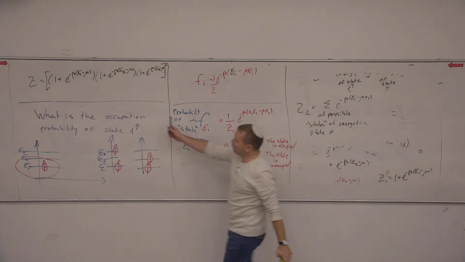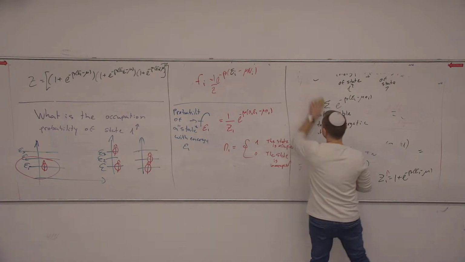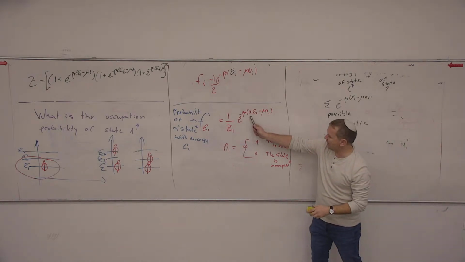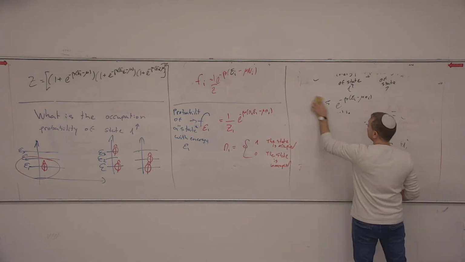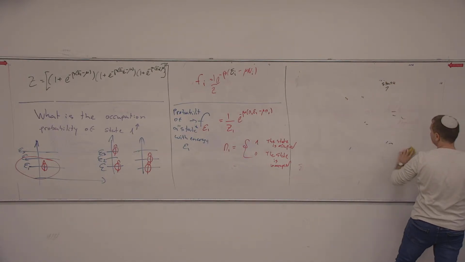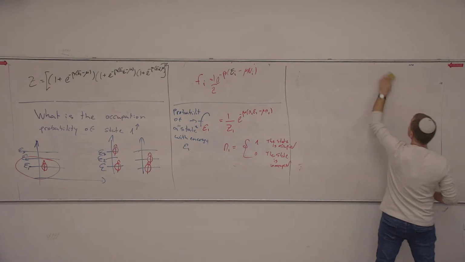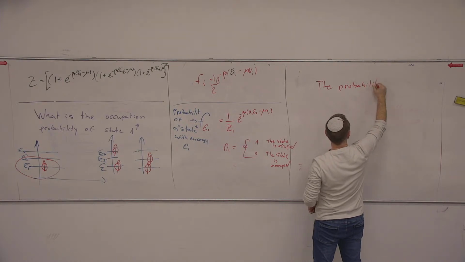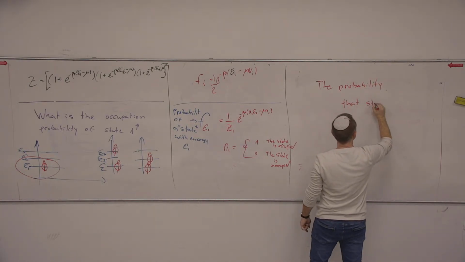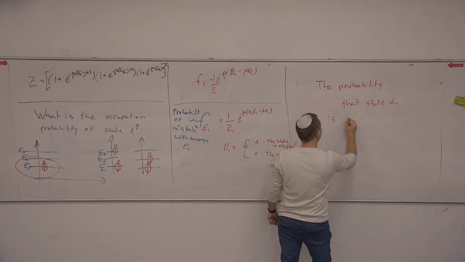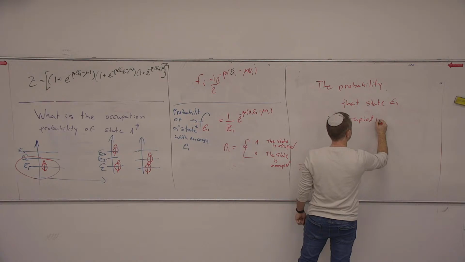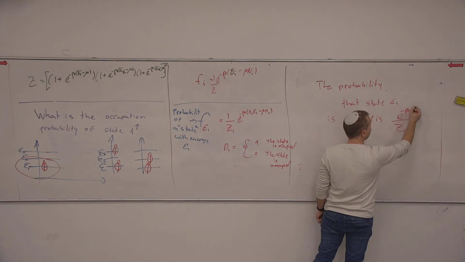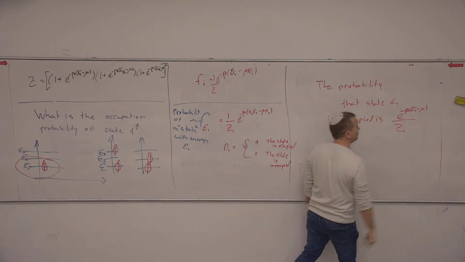So what is the occupation probability of state 1? The occupation probability of state 1 is the situation where this n1 equals 1. The probability that state epsilon 1 is occupied is 1 over z1 e to the power minus beta epsilon 1 minus mu.